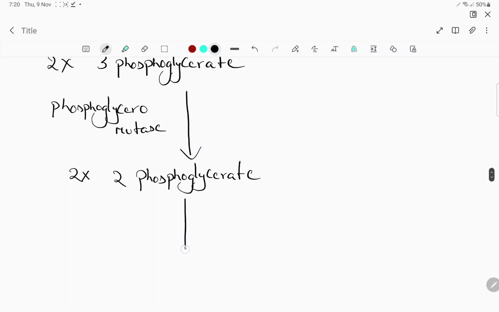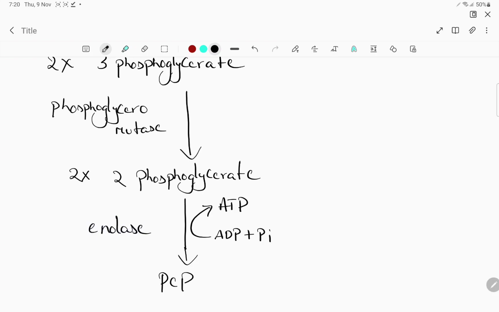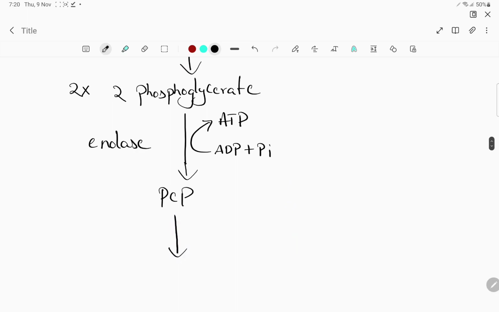And 2-phosphoglycerate is converted to PEP, phosphoenol pyruvic acid. Here the enzyme is enolase, and finally PEP is converted to pyruvic acid or pyruvate.